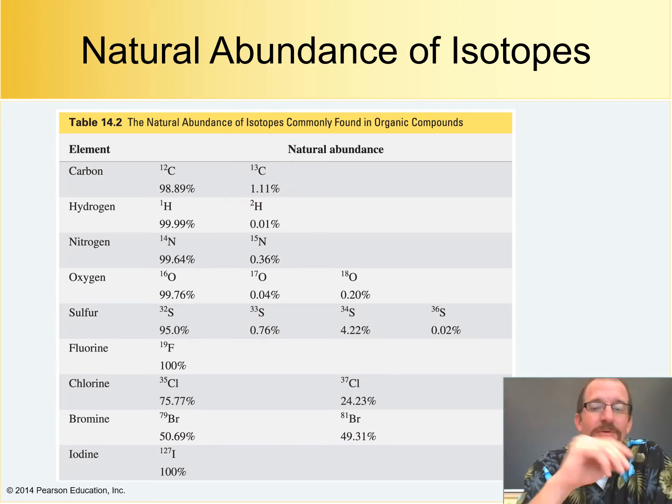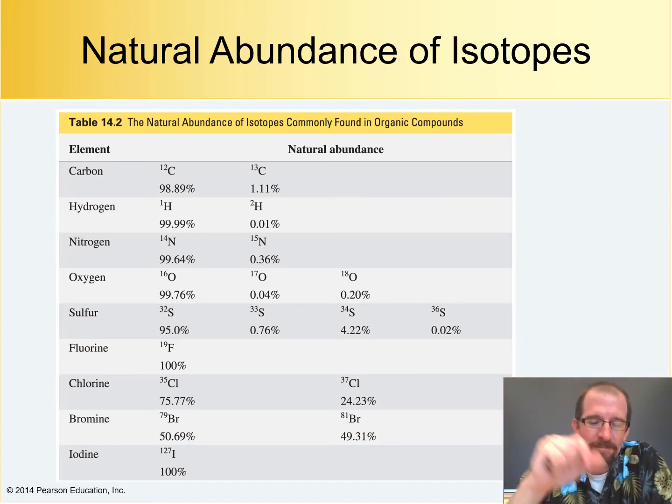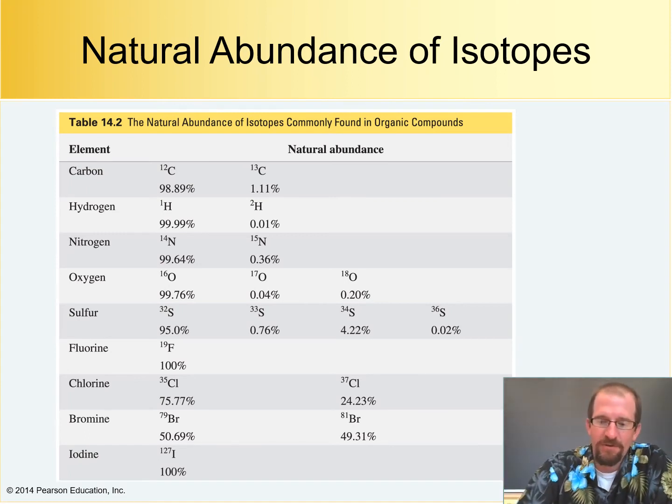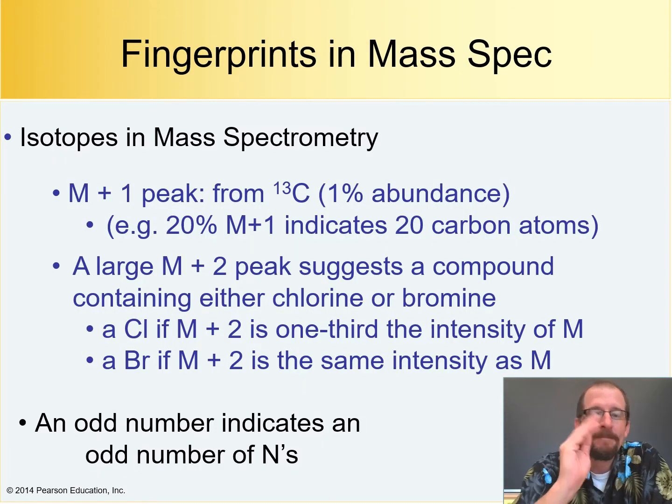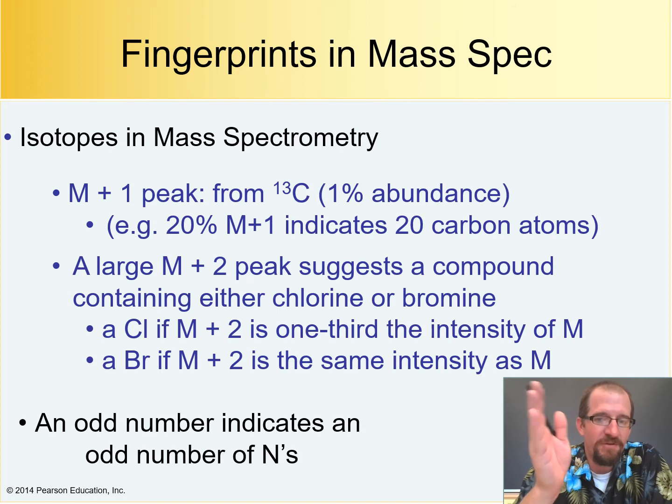Another one that's important is carbon. About 1% of carbon is carbon-13. That can tell you how much carbon you have. So, for example, in the mass spec, you get the mass of your compound, and if something weighs 1 atomic mass unit heavier, that will tell you how many carbon atoms if you take the ratio of that versus the normal peaks.